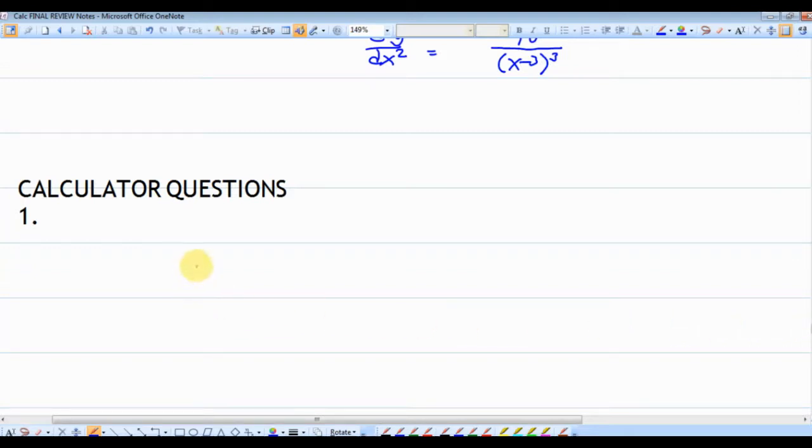Number 1 is a calculator question. We have dy dx equal to x minus y. We have y equals 2 and x equals 2.